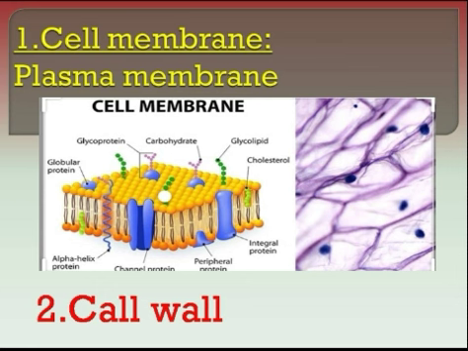The next one is cell wall. This is a unique feature seen in plant cells. One of the major differences between the animal and plant cell is the cell wall.